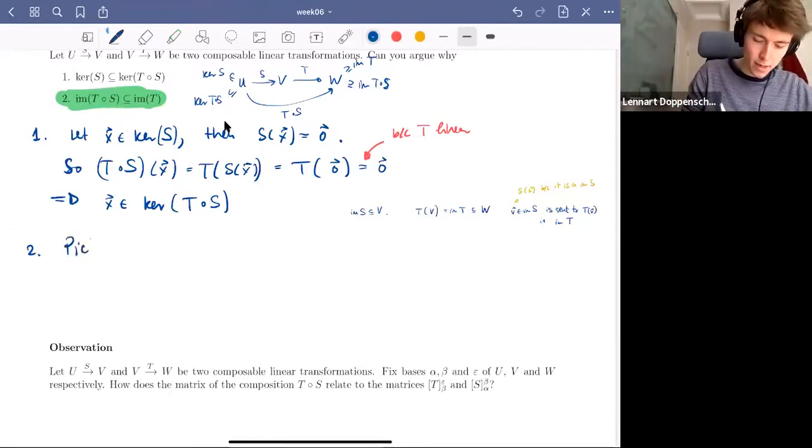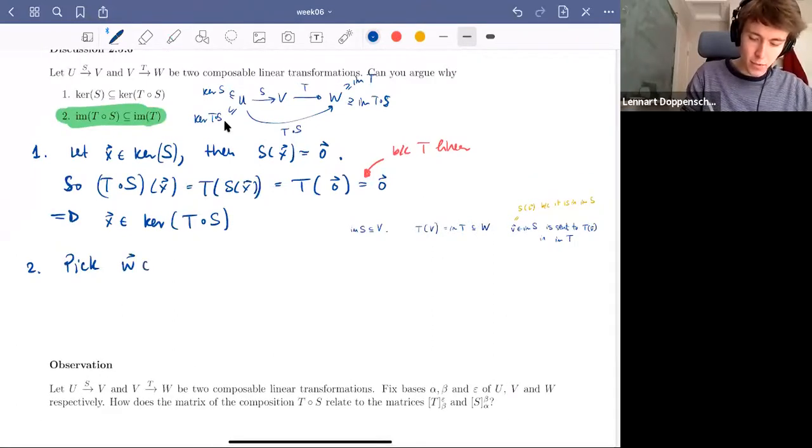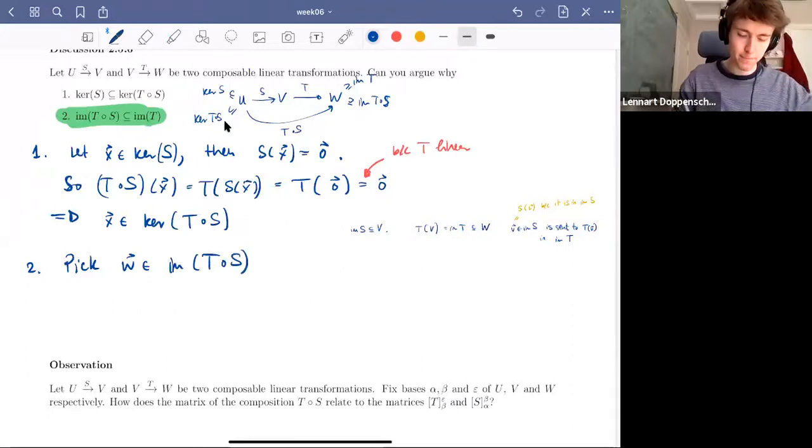So pick any element, say W, in the image of T composed S. Because it's in the image, it means that it's sent there under T composed S. Some other element is sent there.